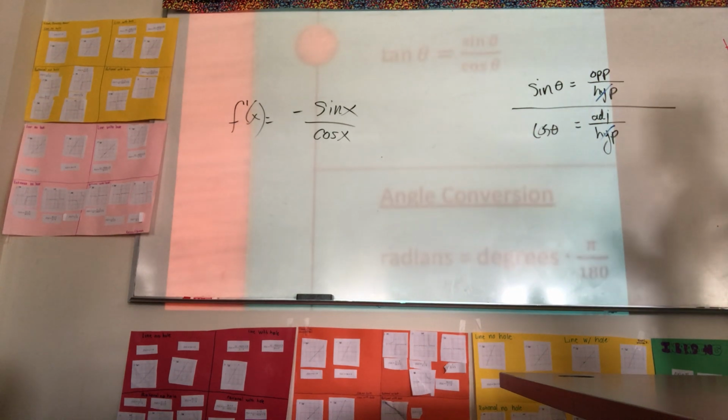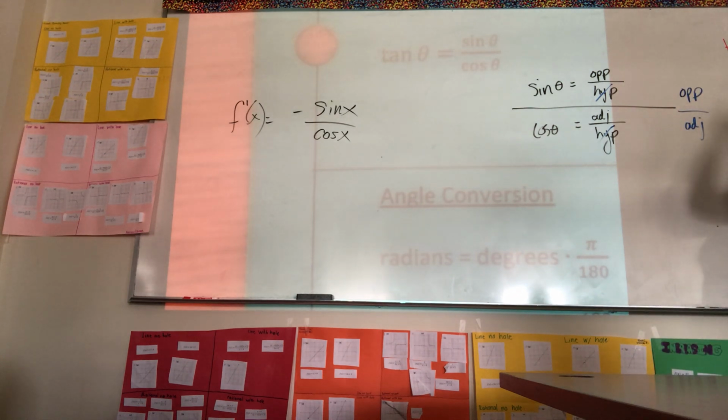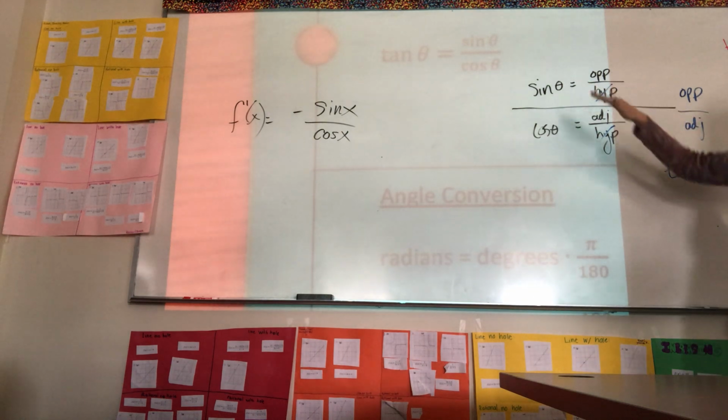Those cancel, right? It's the same thing in the same place. So this equals opposite over adjacent. Is opposite over adjacent anything you know of? Tangent. That's the TOA. So this is the proof that tangent of theta is sine over cosine.